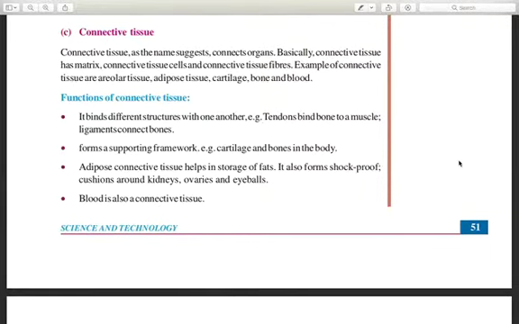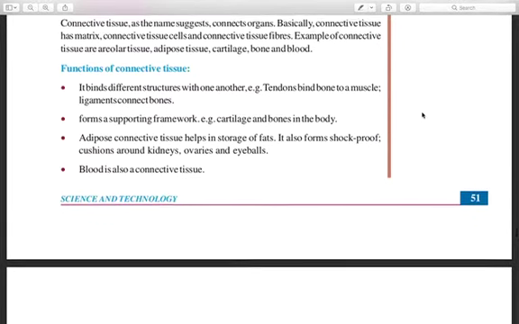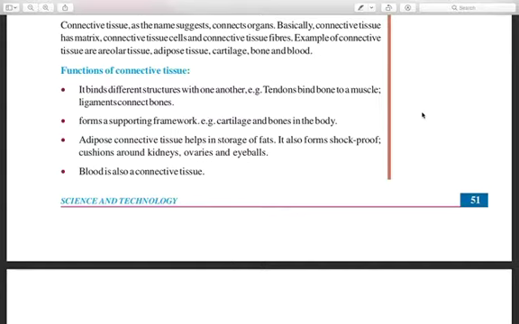Okay, the function of the connective tissue is that it binds different structures with one another. That is, tendons bind bone to muscle. Tendons is nothing but we have muscles inside our body, and we have bones. So these two have to be connected.